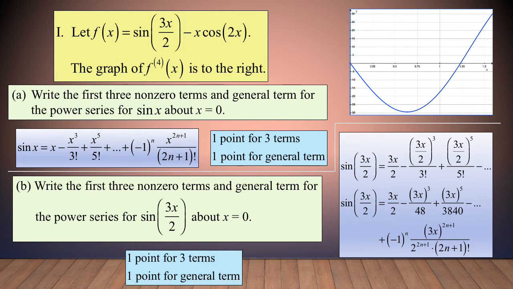Points are the same as they were in Part A, 1 point for getting the first three terms and 1 point for the general term. Note that the graph of the fourth derivative of x hasn't come into play yet and may not for several subparts.